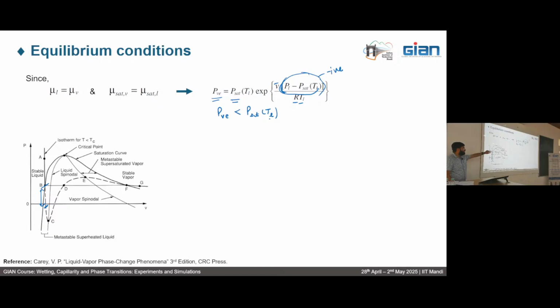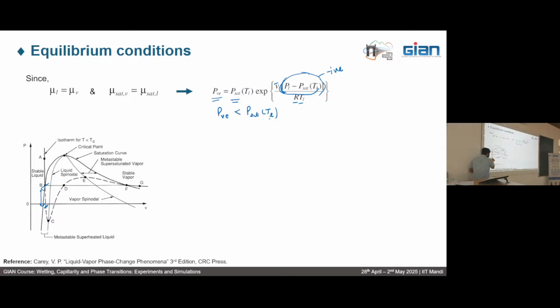What is the significance of this statement? Let's suppose that the vapors are formed at pressure PVE, and we are talking at a constant temperature, so temperature is TL everywhere. It means that if initially the liquid is at some metastable state here, for a temperature TL, its saturation point is here, and it is greater than the PVE.